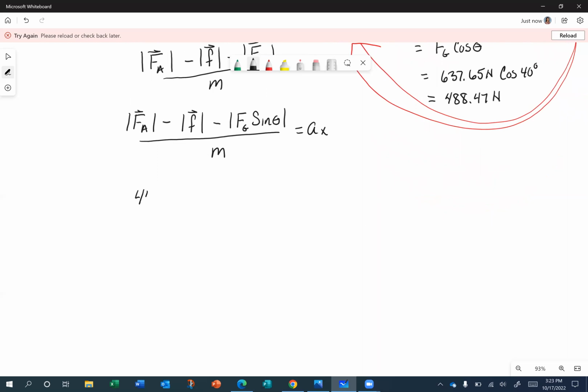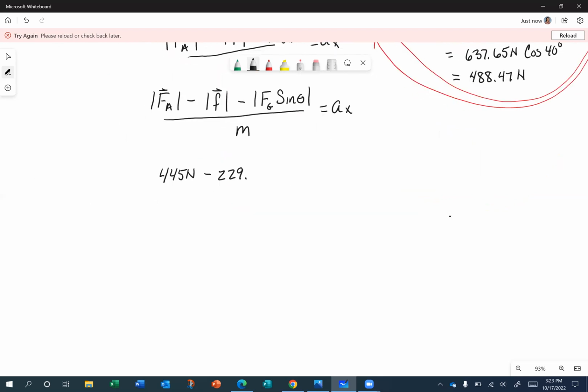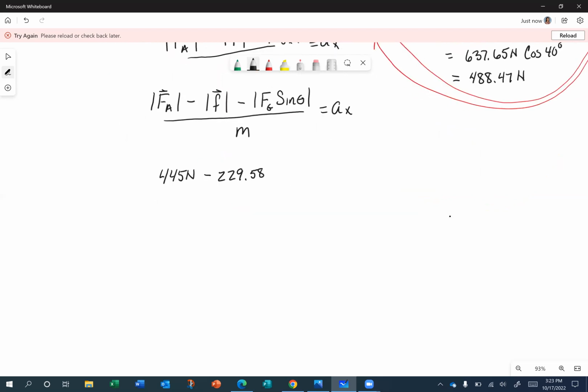So we get 445 newtons minus 229.58, minus 637.65 times the sine of 40 degrees, all over 65 kilograms.